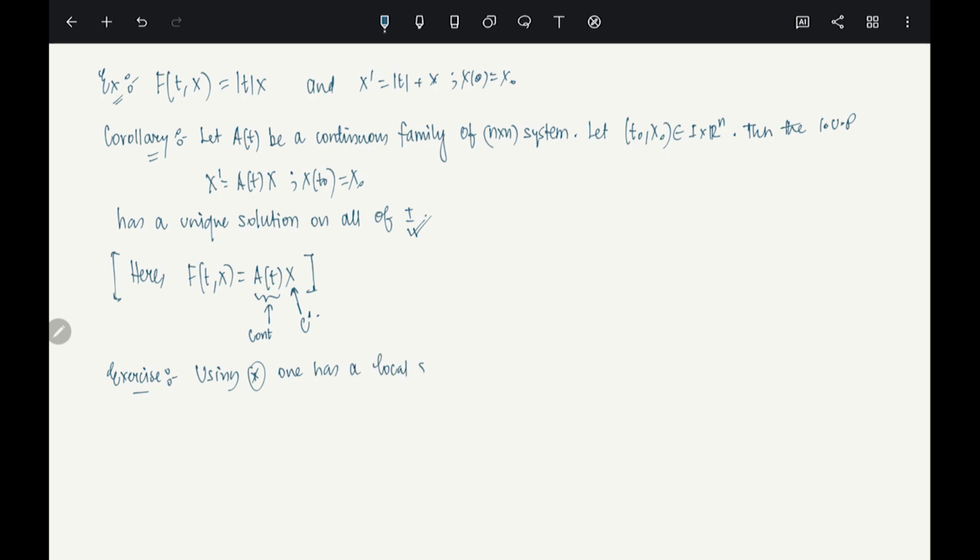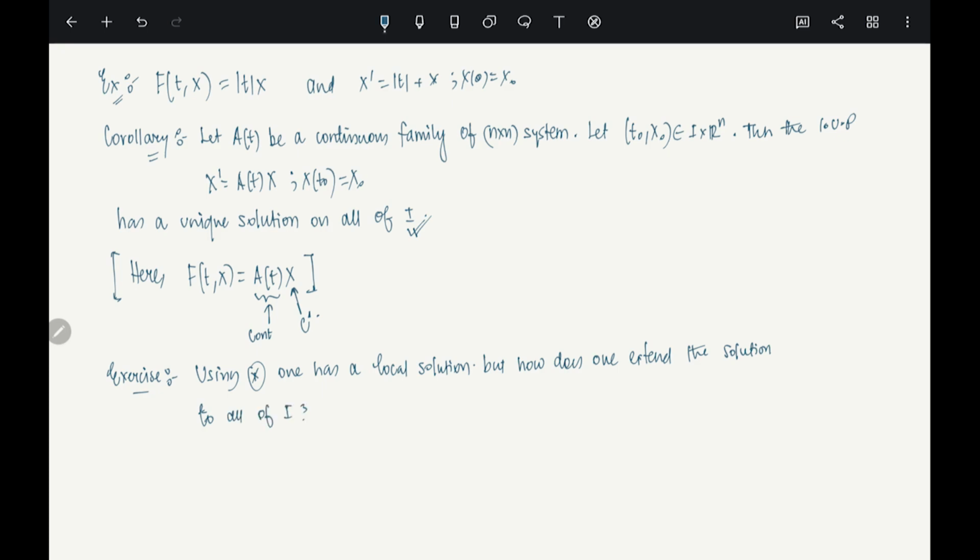So basically on the interval t naught minus epsilon to t naught plus epsilon, there is a solution. But how does one extend the solution to all of I?